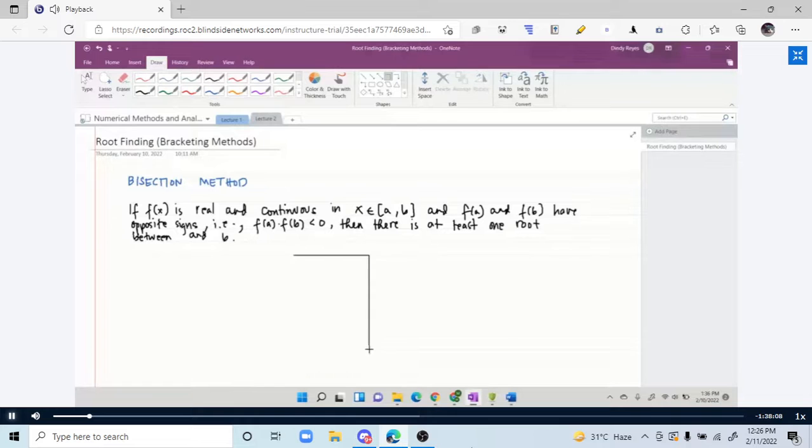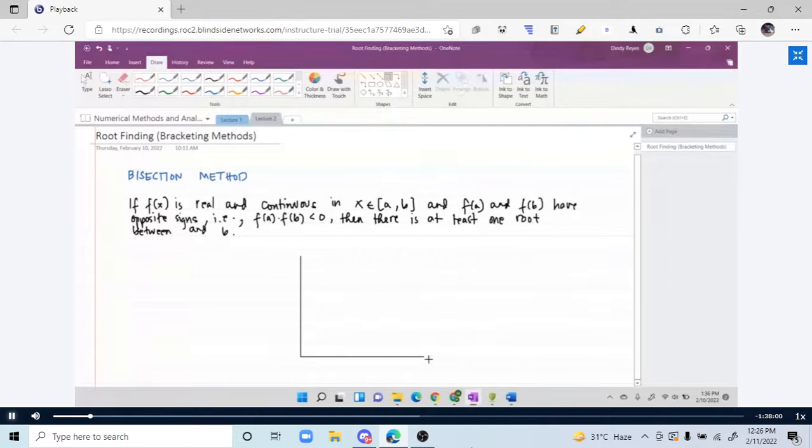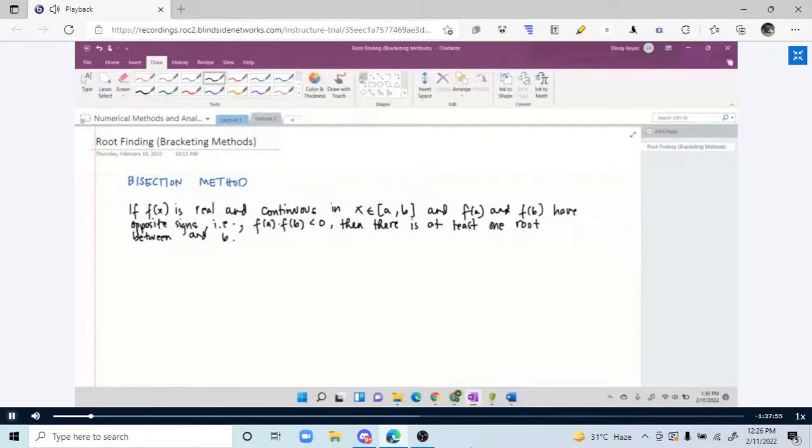Now, in the bisection method, the concept is like this. Say, for example, you have a function f whose root r is this.